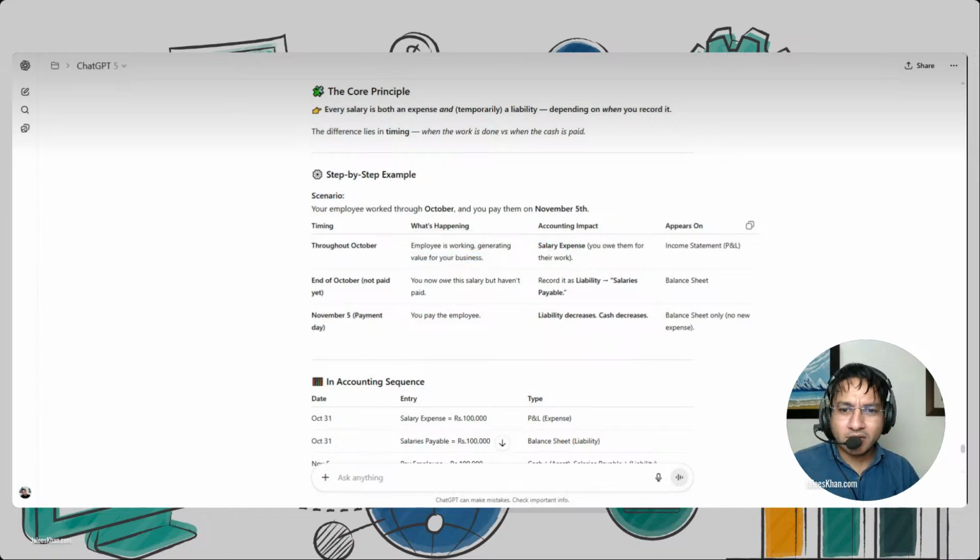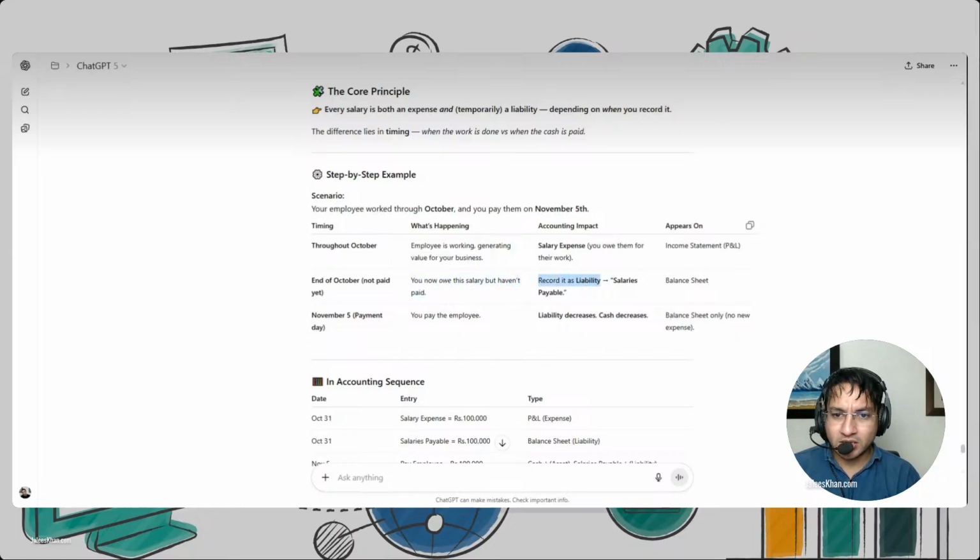Salary expense: you owe them for their work. Income statement. Okay, salary expense, throughout the income statement, but I haven't paid. End of October, not paid yet. You now owe the salary but haven't paid.